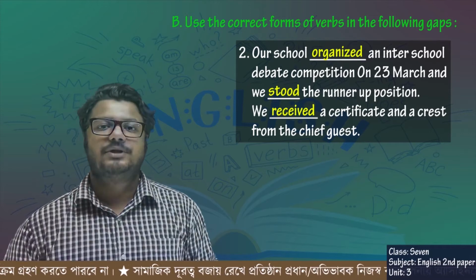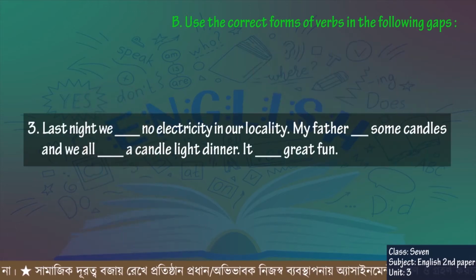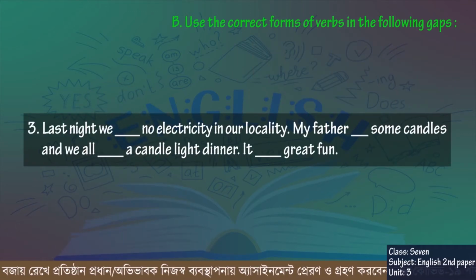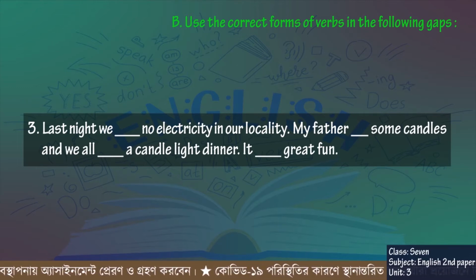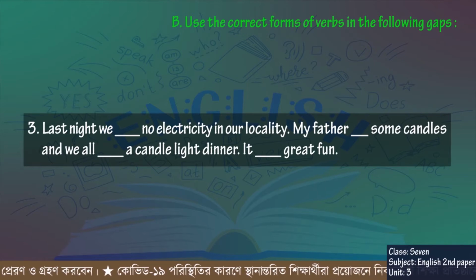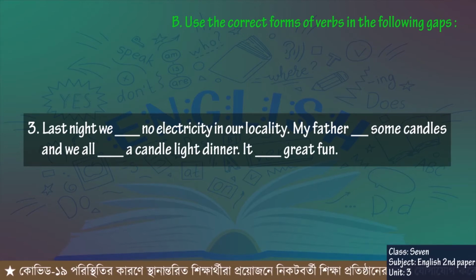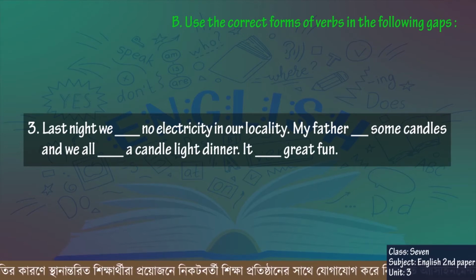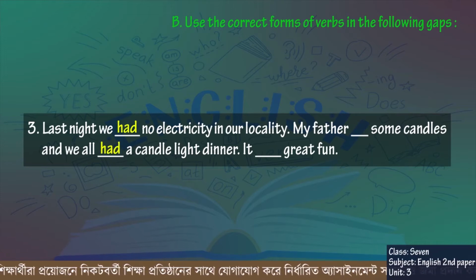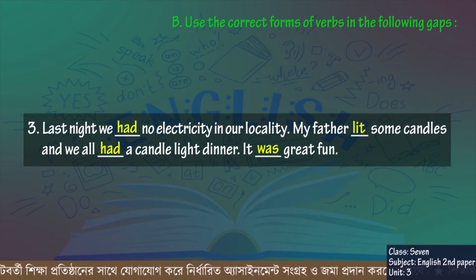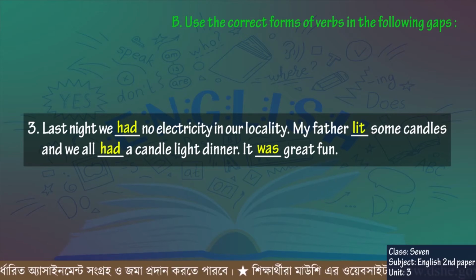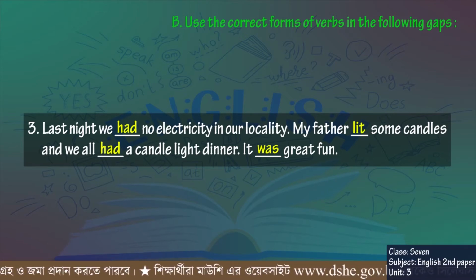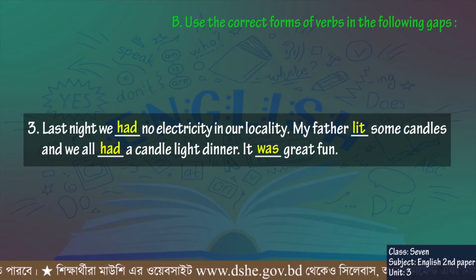Let's see example number 3. Last night we ___ no electricity in our locality. My father ___ some candles and we all ___ a candlelight dinner. It ___ great fun. The answers are had, lit, had, was. Now let me repeat these sentences again.